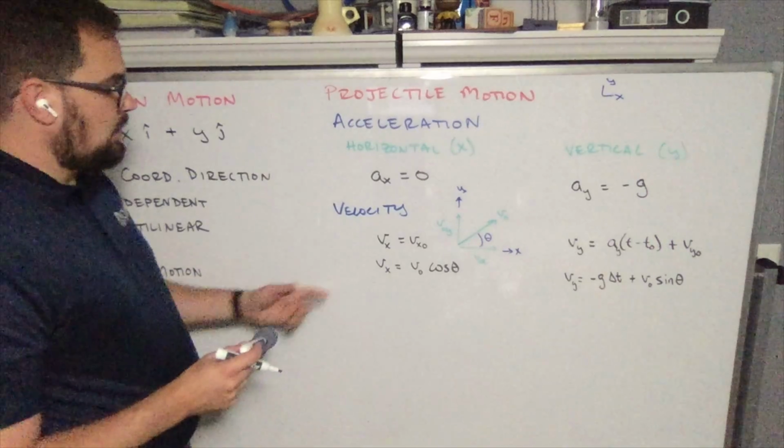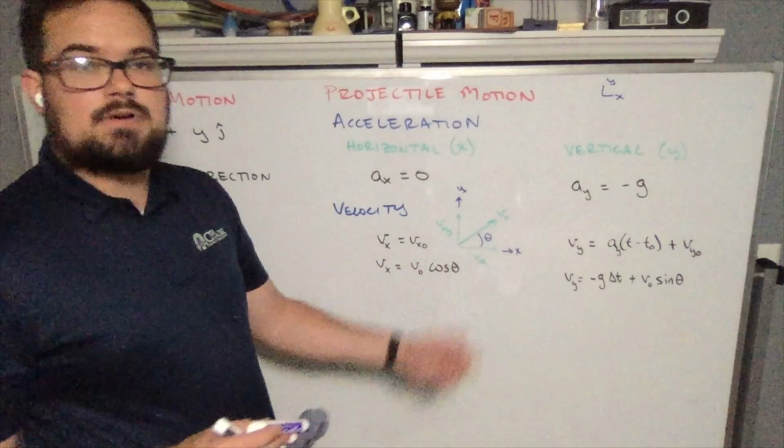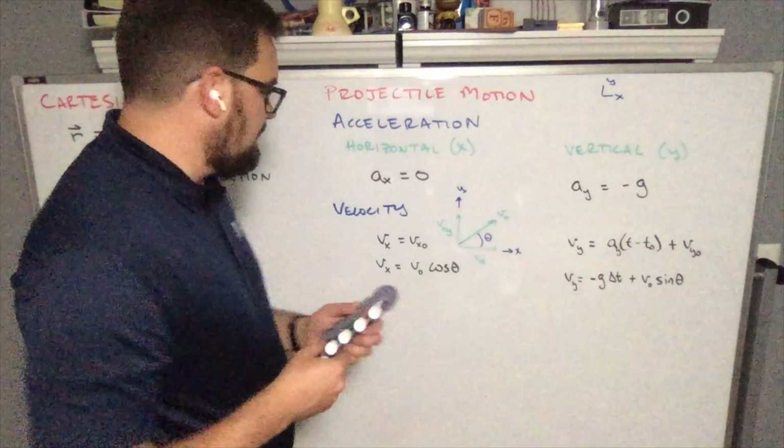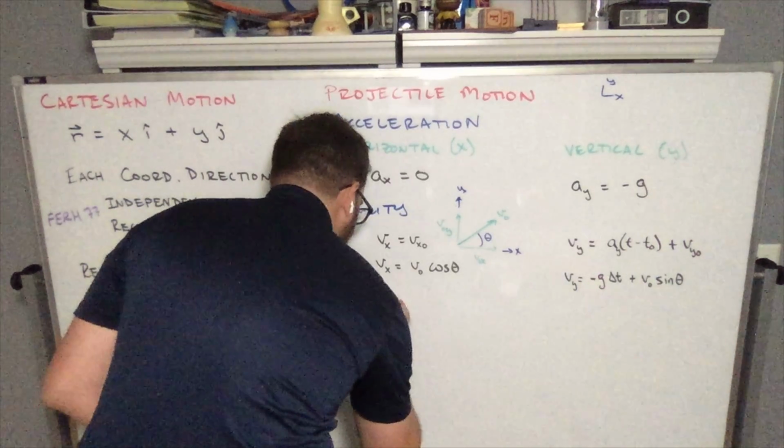If we wanted to know the total velocity at any given point, we'd have to do the square root of the sum of the squares of our Vx and our Vy. So that's velocity. Now when we think about position, again, we can take another notch up.